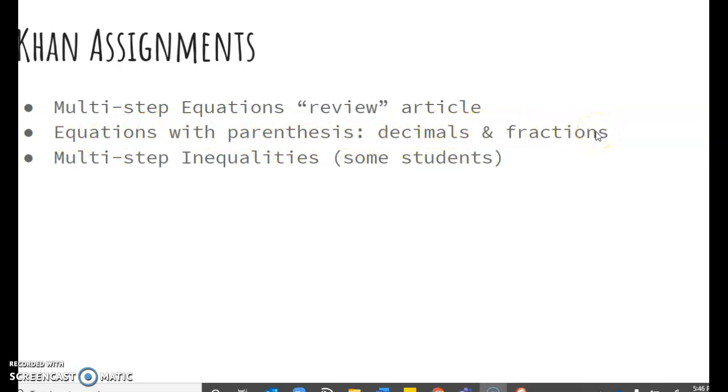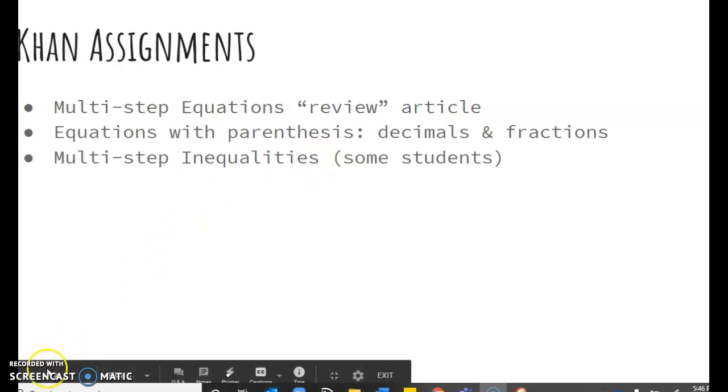That one is for a grade. And then we did have the multi-step inequalities assigned to us. Some students did submit it and received a grade. Those of you that had passing, 75 or above, I kept your grade. If you got below a 75, I am letting you redo it to make that up. So it was reassigned to you.